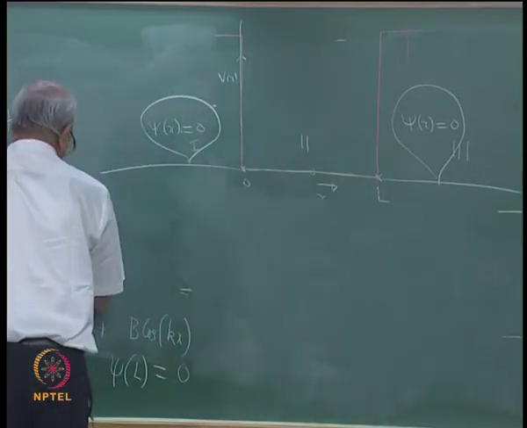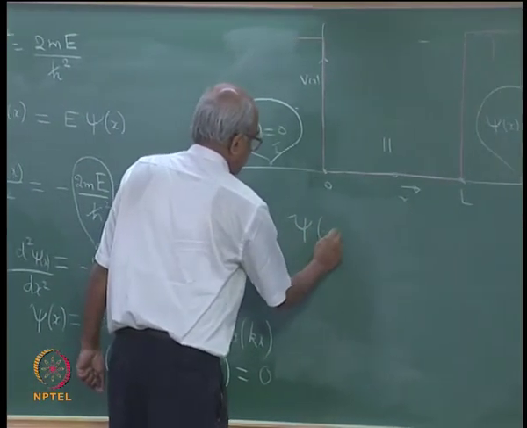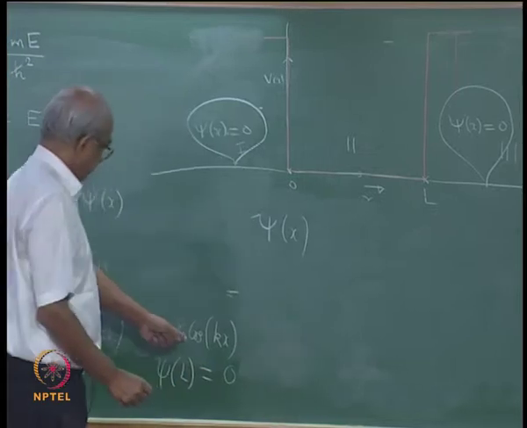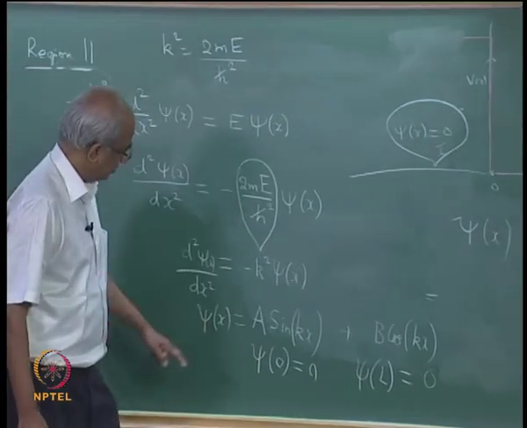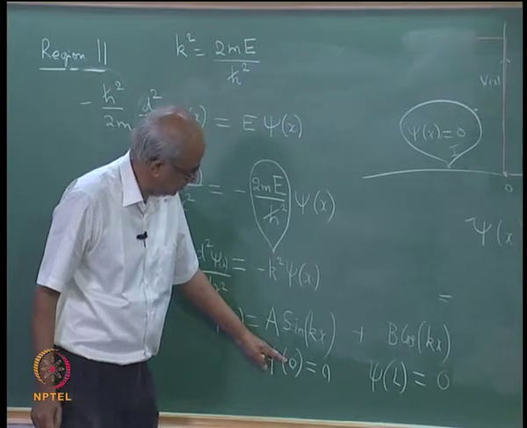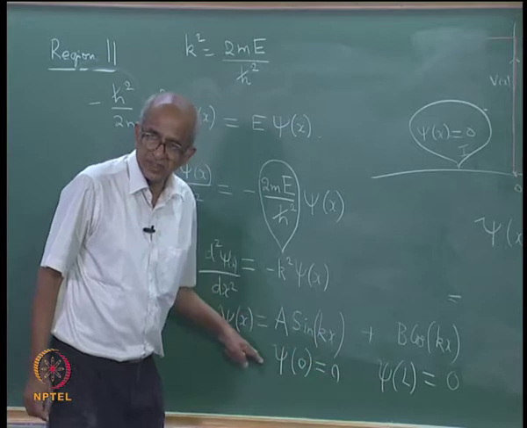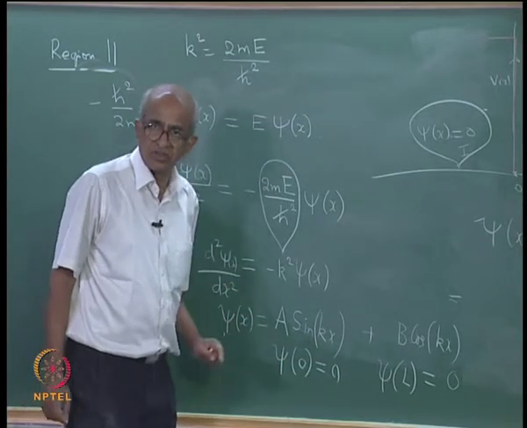So your general function is this one, psi of x equal to A sin kx plus B cos kx. What I am going to do is take that general form, put x equal to 0, and satisfy the condition psi at x equal to 0 is equal to 0.